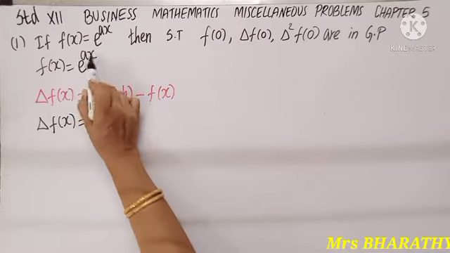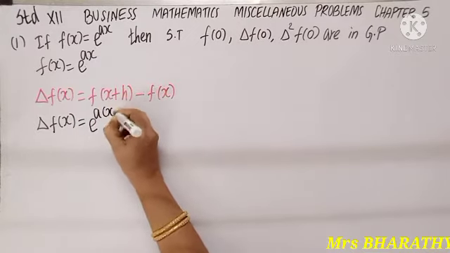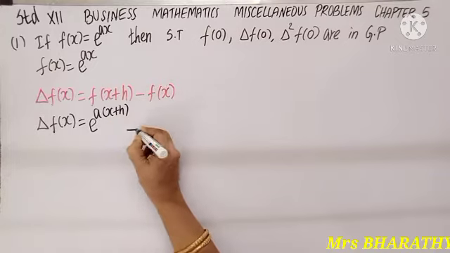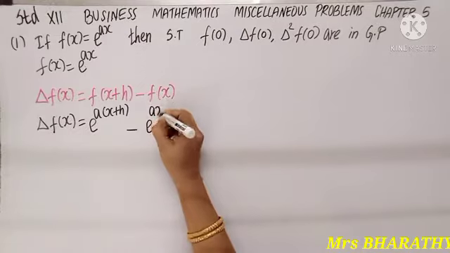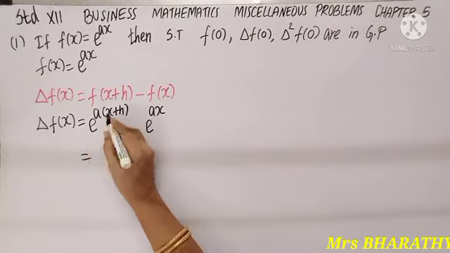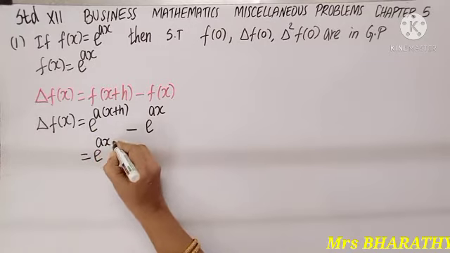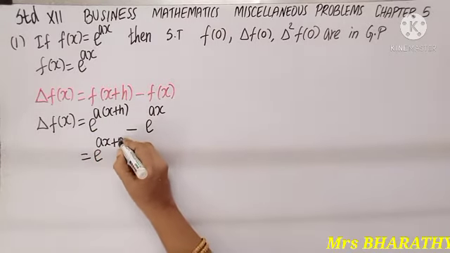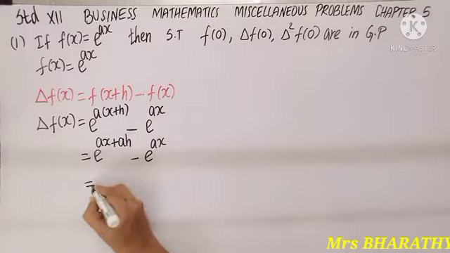E power a into x plus h minus f of x. Just copy as it is. The next step, this can be split as e power a into x plus a into h minus e power ax.